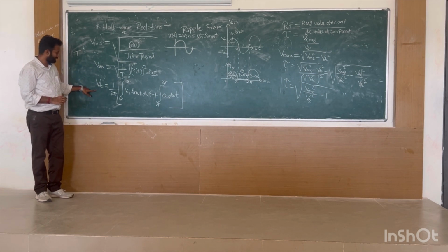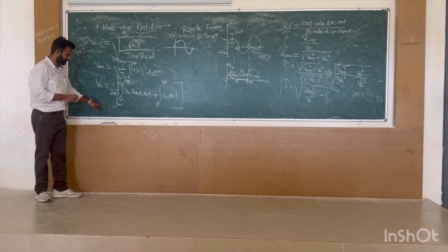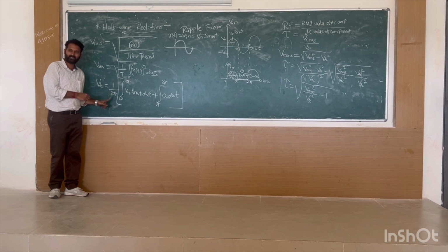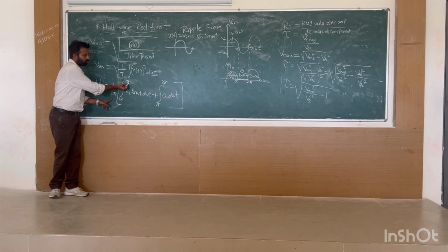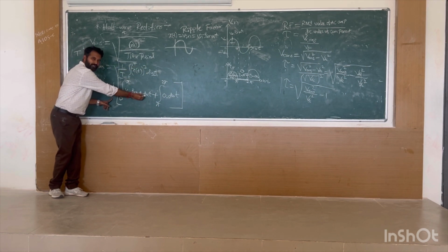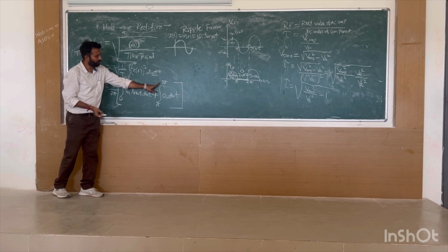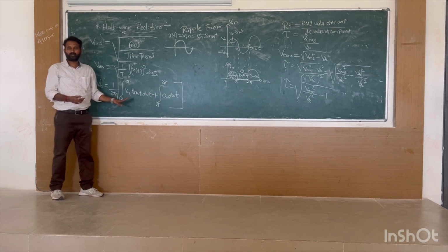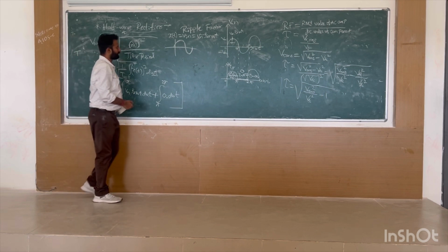First let us calculate VDC. Clear how we got this? Our time period is 2 pi. So 1 by 2 pi, square bracket, 0 to pi I have the input Vm sin omega t d omega t, plus pi to 2 pi my output is 0 into d omega t. Clear? Now what do we get?